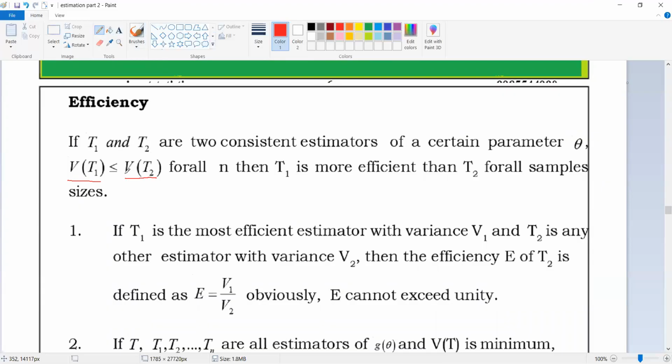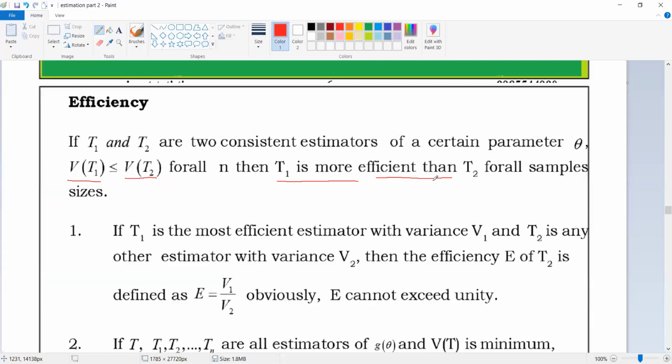So check that T1, T2 are consistent estimators. After that, calculate the variance of T1 and variance of T2 and compare them. Which one is lesser? The corresponding statistic is called the most efficient estimator.